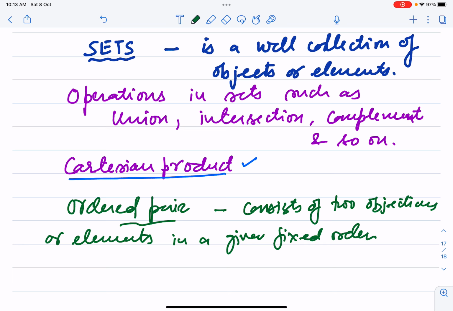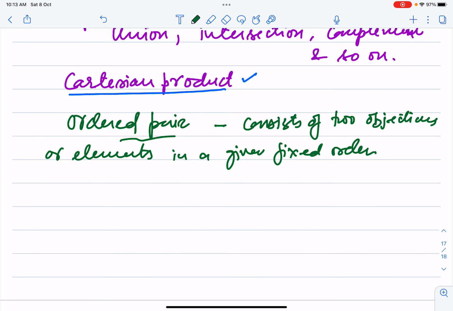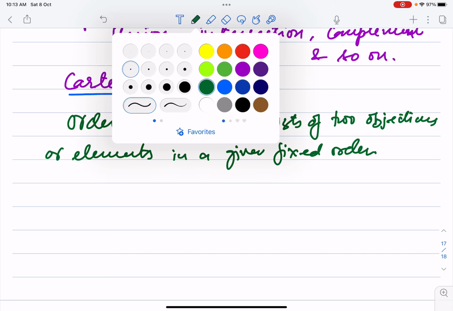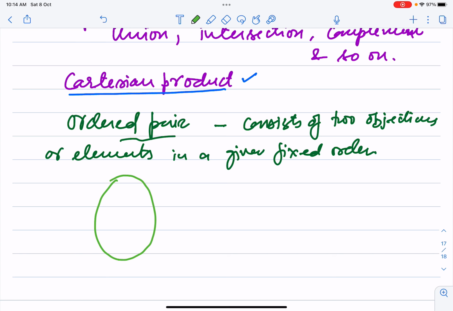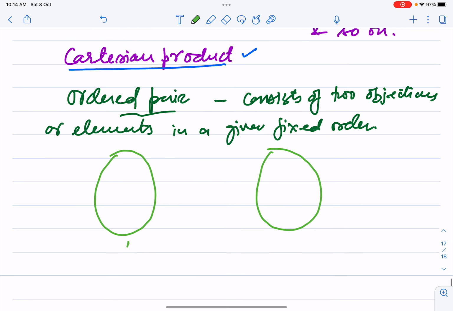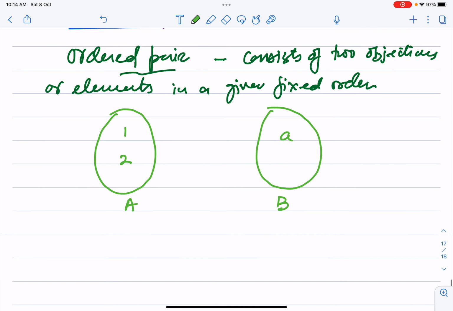So for example, suppose these are two sets, say A and B, and there are elements 1 and 2. Over here there is element a. If I join 1 with a, I get one ordered pair, (1, a).